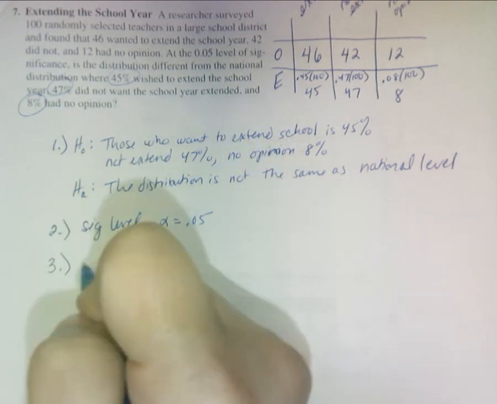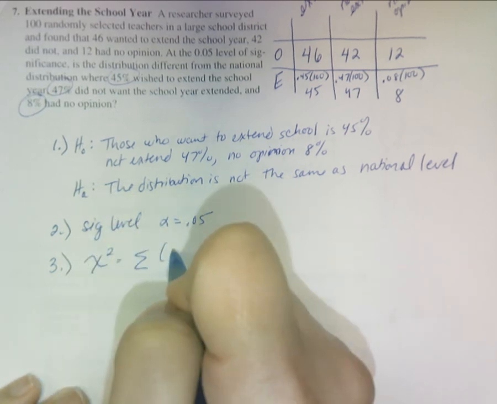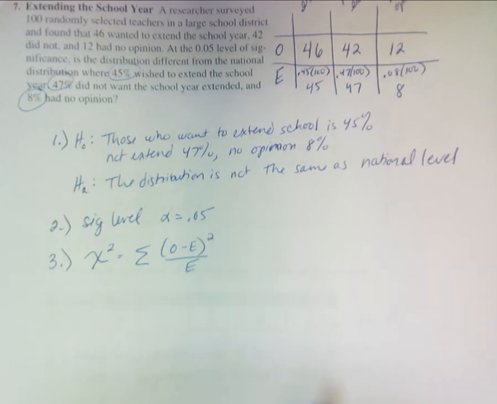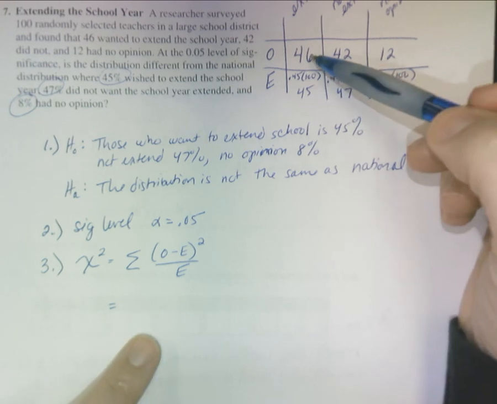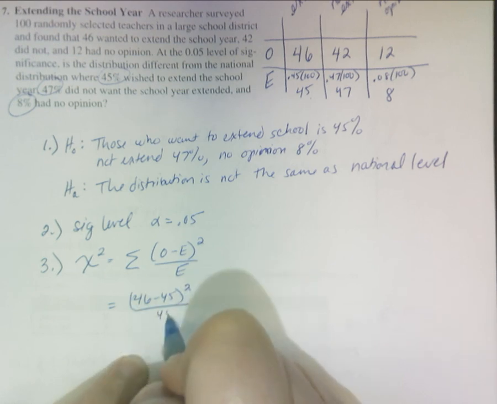All right, number 3, chi-square, the sum of (O minus E) squared over E. Okay, so we need to do (46 minus 45) squared over 45.